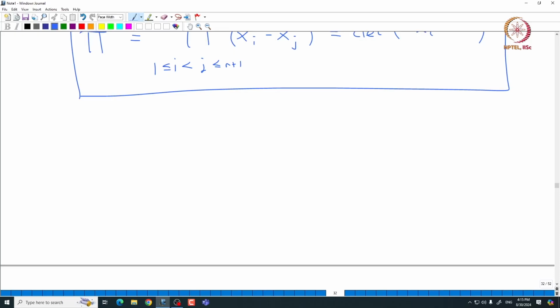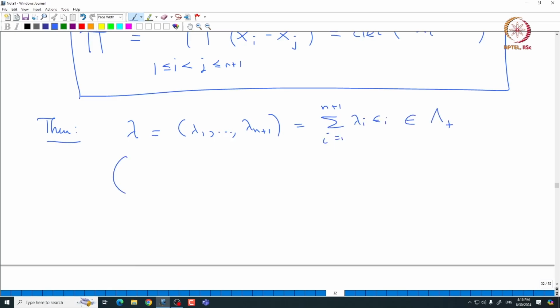If you go to the general Weyl character formula, we can actually make it a theorem. Given lambda, let us fix lambda to be lambda 1 etcetera, lambda n plus 1 in terms of the epsilon i basis, summation lambda i epsilon i ranging from 1 to n plus 1, which is dominant.